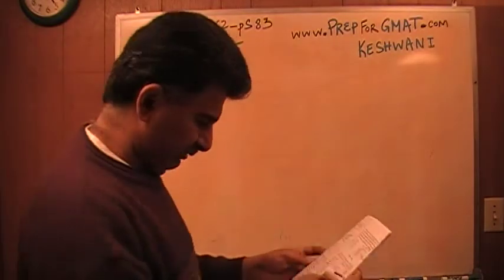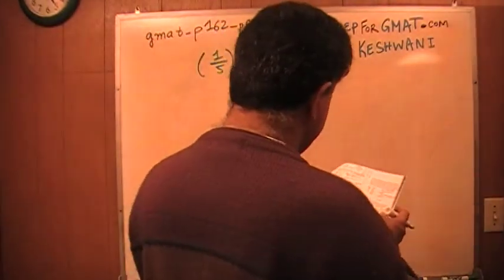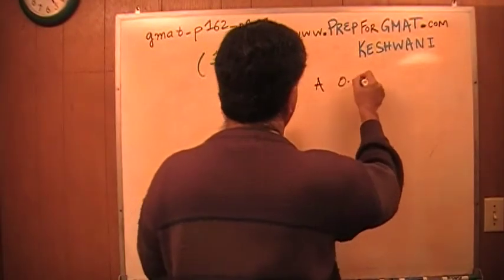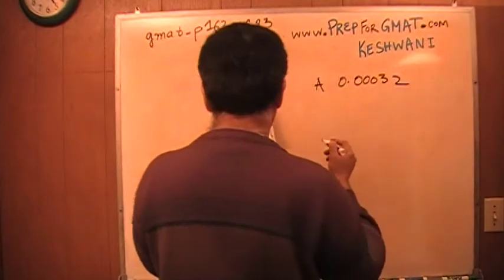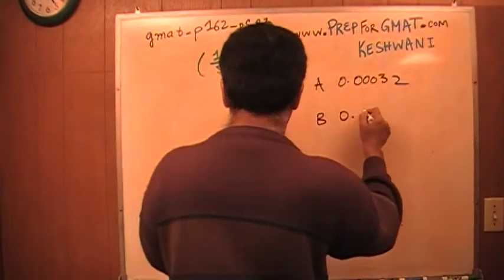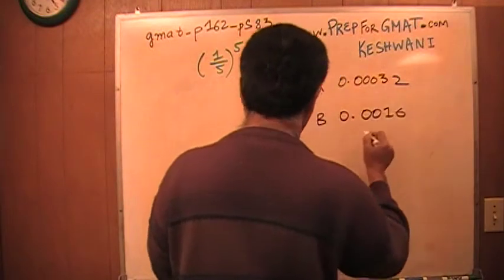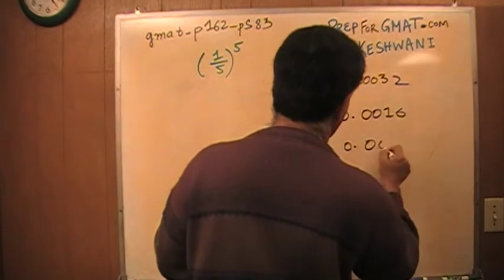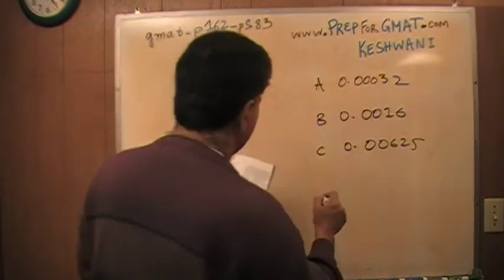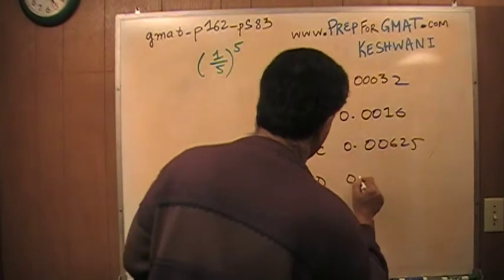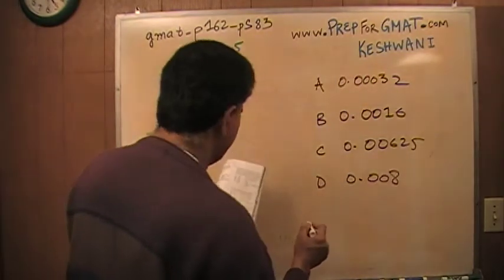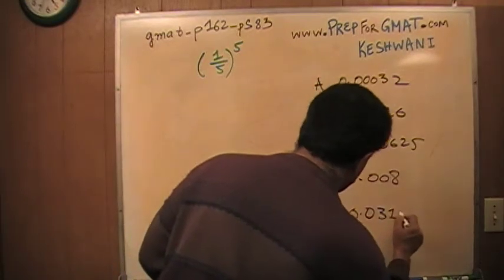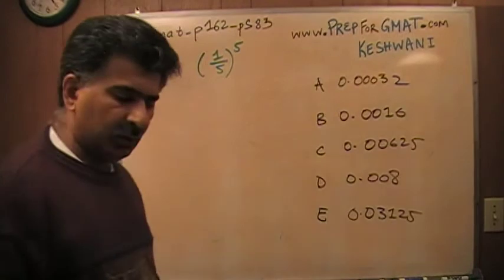For example, here the answer choices are: A says 0.00032, B says 0.0016, C says 0.00625, D is 0.008, and finally E is 0.03125. They are all there for a reason.